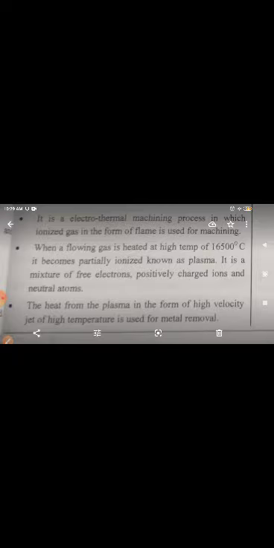The heat from the plasma, in the form of a high velocity jet of high pressure and high temperature, is used for metal removal. In this process, the heat produced by the plasma is used for machining the surface.